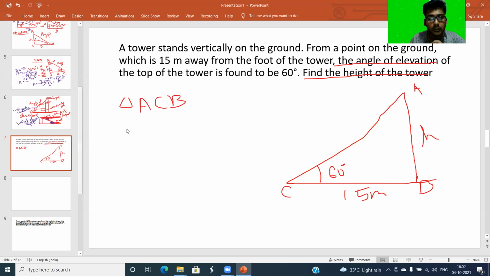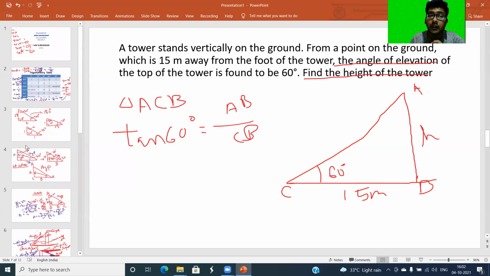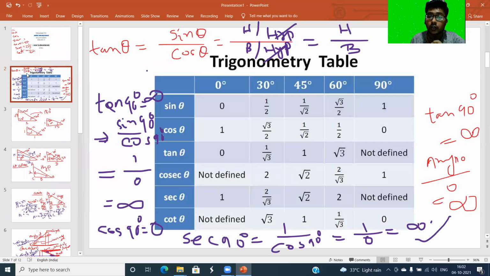Okay, tan 60 degree is equal to height by base. Height by base means AB by CB. Okay, what is the value of tan 60 degree? Tan 60 degree is root 3.